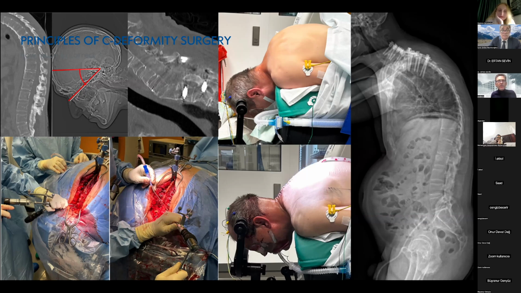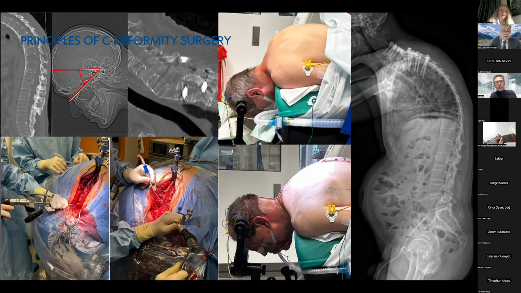ankylosing spondylitis. Here we are performing a T1 osteotomy, a T1 PSO. You can see the PSO area here. You can see the patient after the initial positioning, and this is the patient after relordosing.